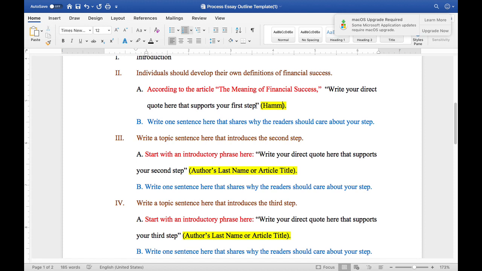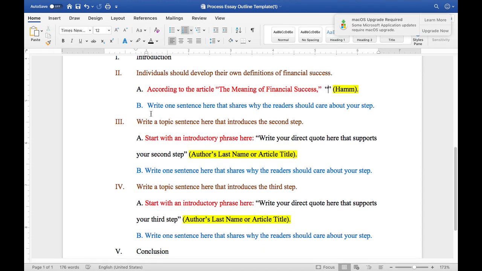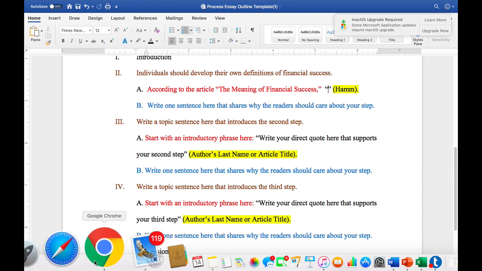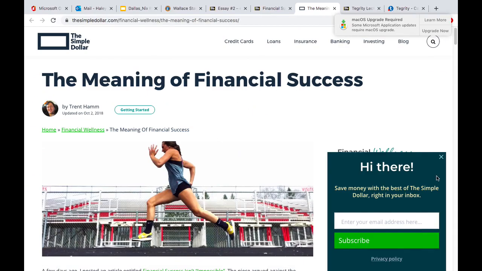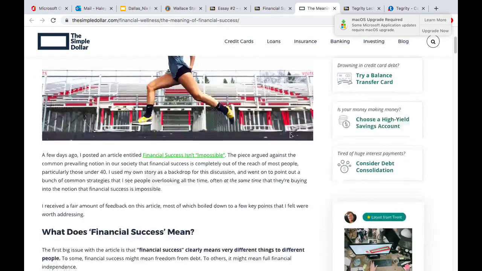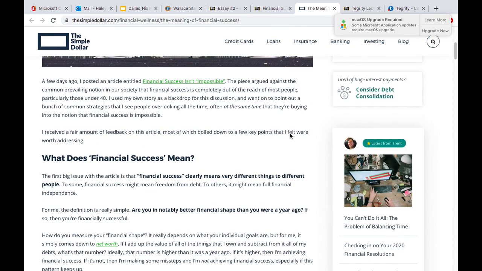Then I just have to put my quote. I'm going to look at this article and see if I can find a sentence that I believe will fit well. So I'm just going to go, financial success clearly means very different things to different people.